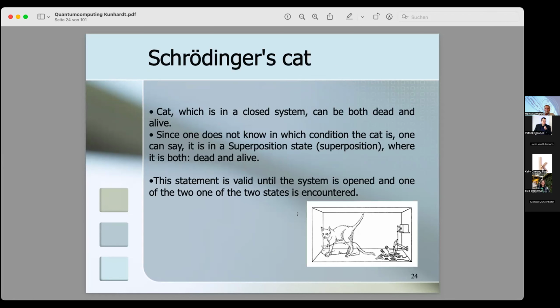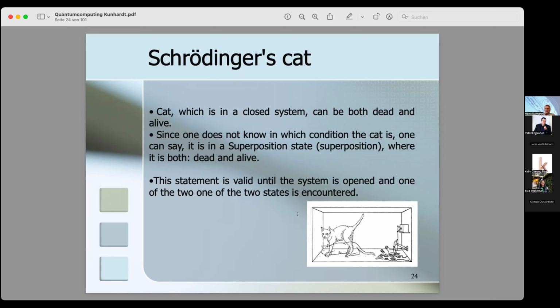First of all, Erwin Schrödinger. So imagine a living cat in a closed system, and you cannot see from outside into the box where the cat is. So you cannot decide: is the cat living or is the cat already dead?